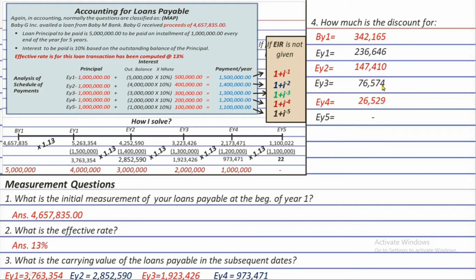And at the end of year 4, the balance became only 26,529. So again, this came from 1 million minus the 973,471. And finally, the discount became 0 at the end of year 5 because this is supposed to be 0. So 0 minus 0 is 0.